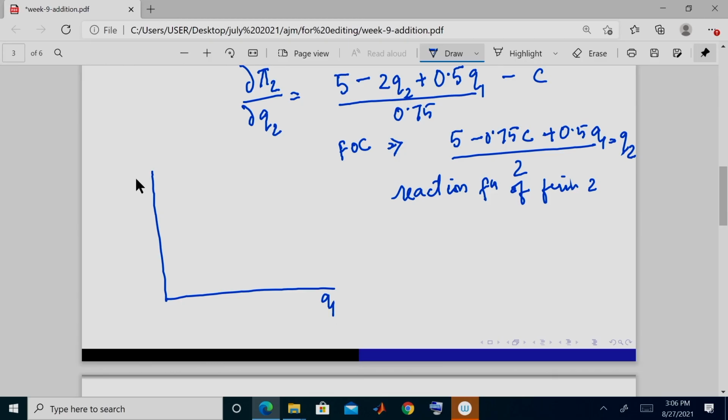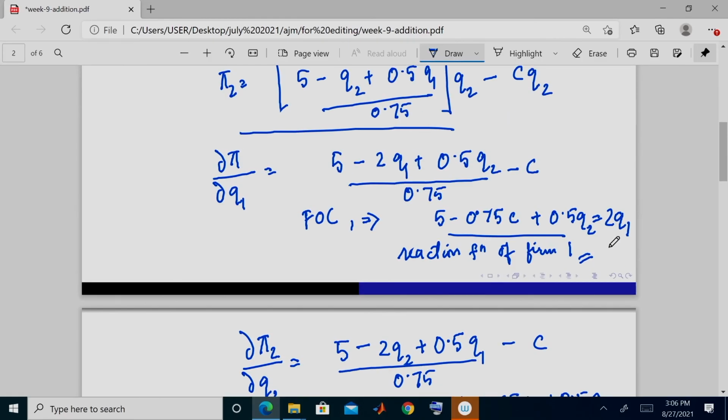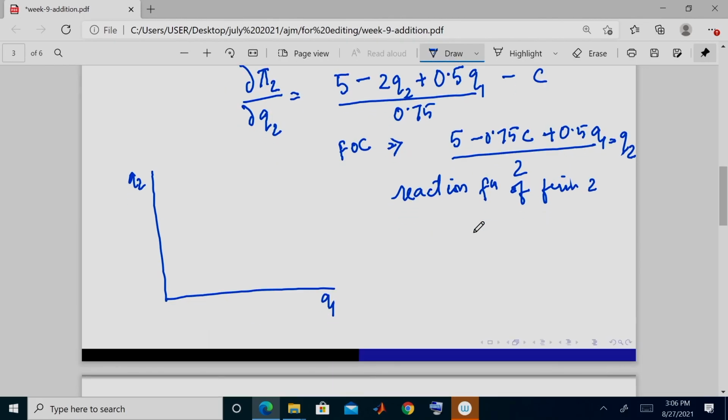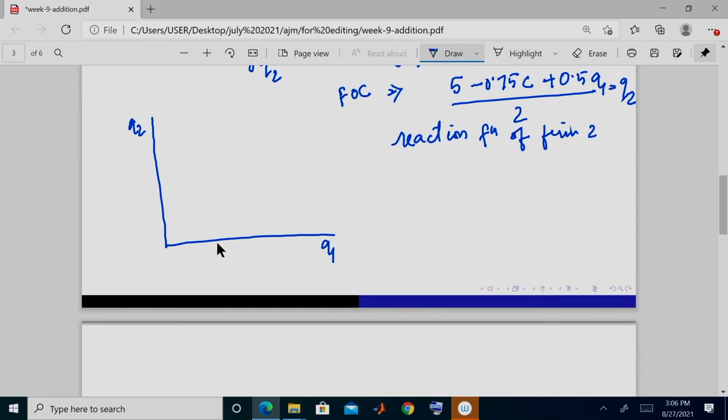this is Q1, this is Q2. For this function, if Q2 is 0, then Q1 is going to take a positive value. So, it is something like this, and this point is this.